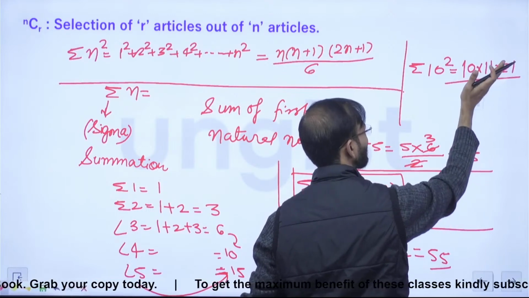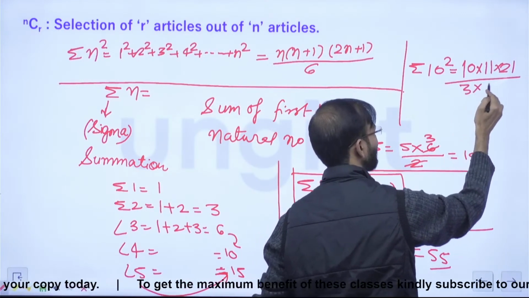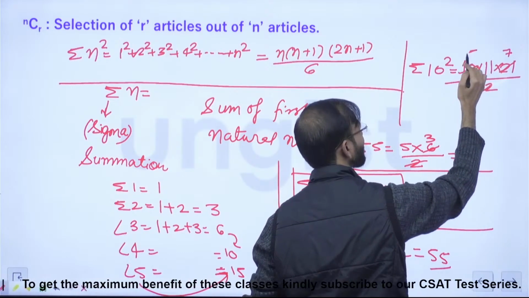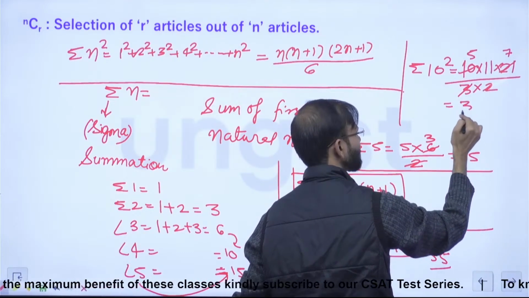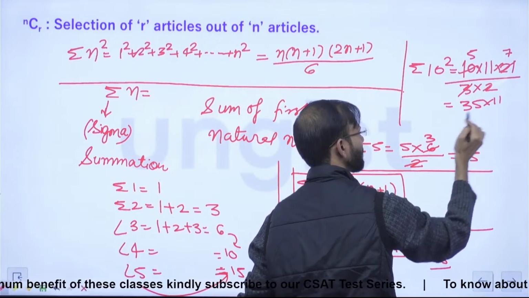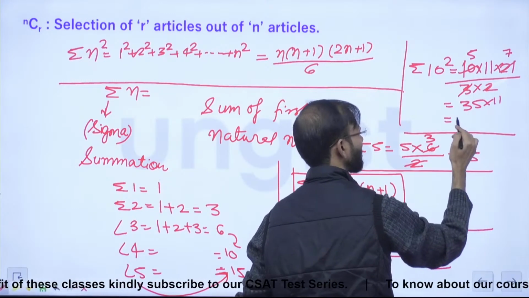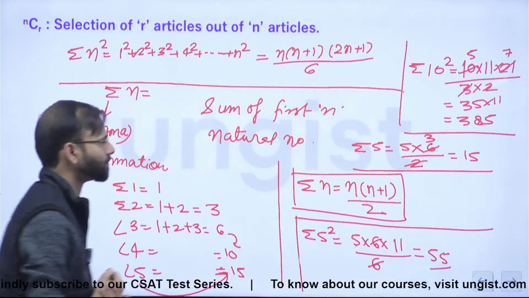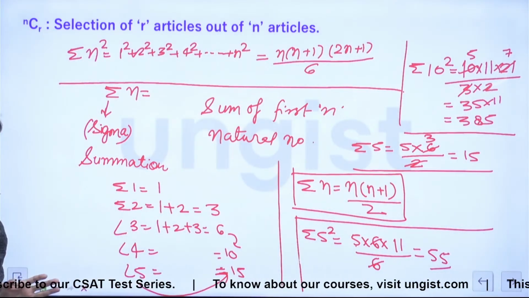6 let me write as 3 into 2. Right. So this is 7. This is 5. 35 into 11. Guys, 35 into 11 will be what? Tell me. 385. Right? Clear, everybody?